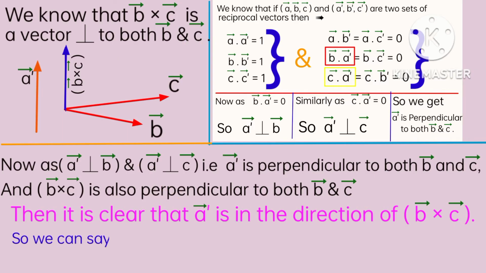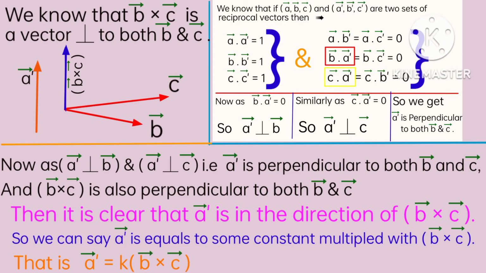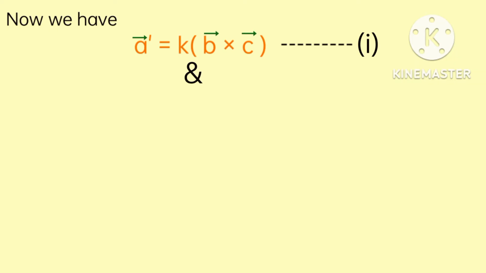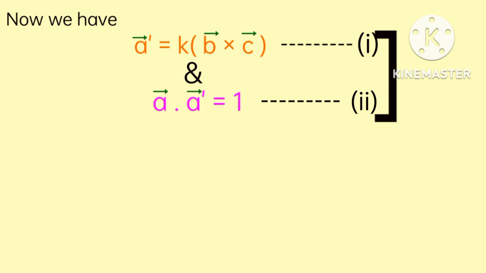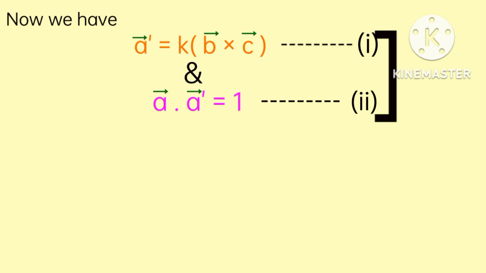So we can say A' vector equals some constant multiplied with B cross C vector. That is, A' equals K into B cross C, where K is some constant. Now we have A' equals K into B cross C as equation 1, and A dot A' equals 1 as equation 2.